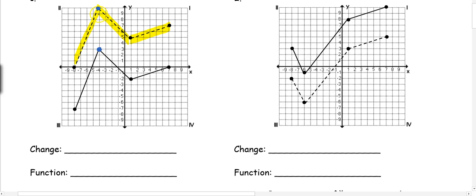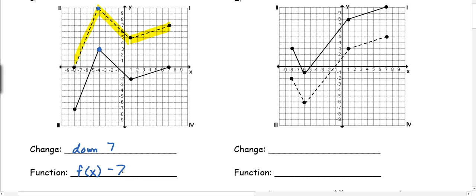So I'm going to count 1, 2, 3, 4, 5, 6, 7. In this case, my change is down 7.